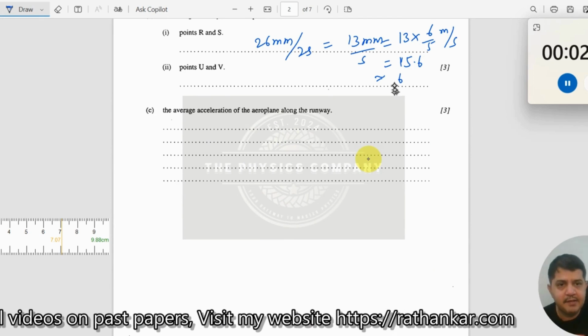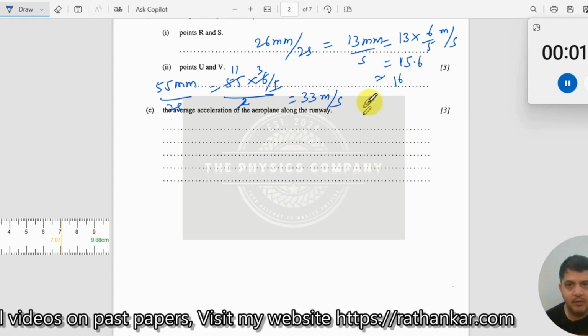Average velocity is 51 millimeter divided by 2 seconds, right? Distance by time, which should now be 51 into, I need to convert into meters per second, 6 by 5 divided by 2. So the answer should be 33 meter per second.